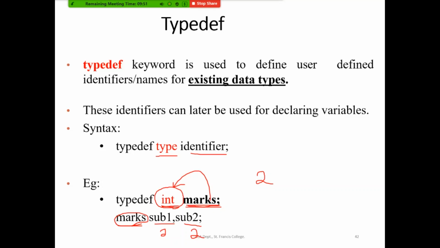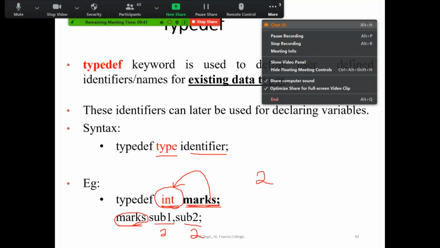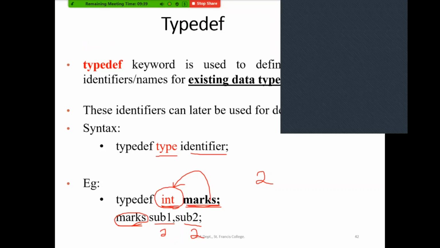Instead of float, if I want to use average, how to define it? Give it in the chat box. All of you message in the chat box. Not typeset. All are messaging average. Wrong answer. How to rename float as average?